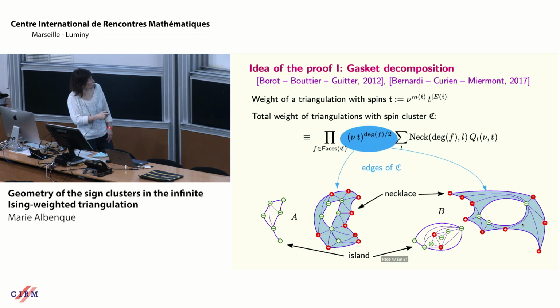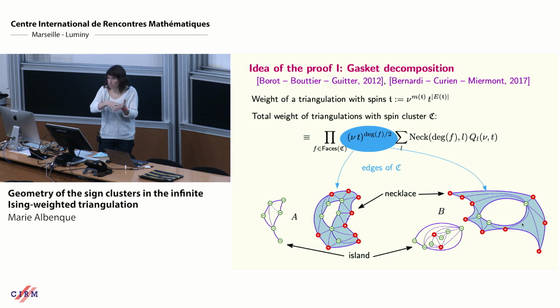So the first contribution really comes from the edges which are going to be present in the cluster. So they are in the initial triangulation and they stay in the cluster. So I need to account for these edges. These edges are monochromatic, so they need to be counted by a weight nu because they're monochromatic and t because they are edges. So I need to count nu t for each of these edges.